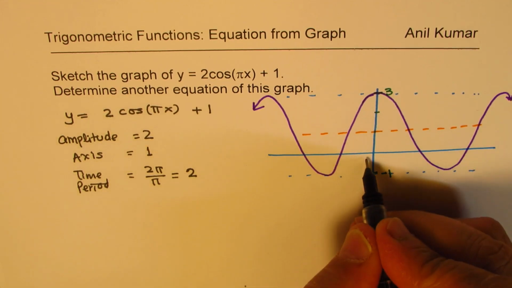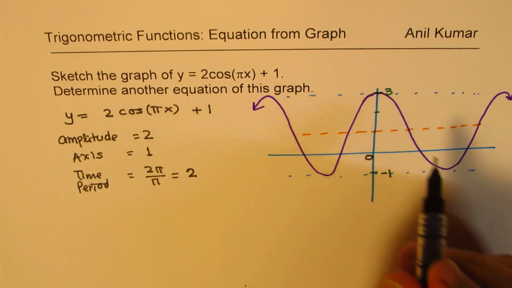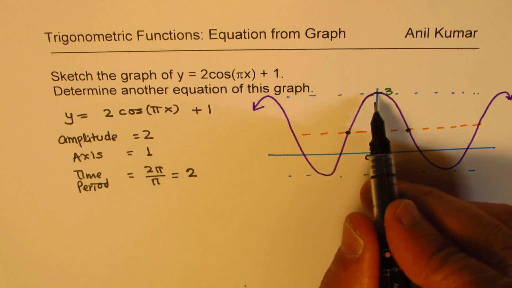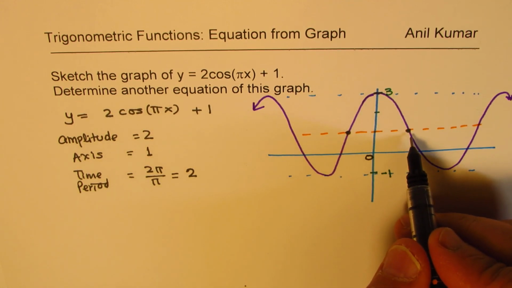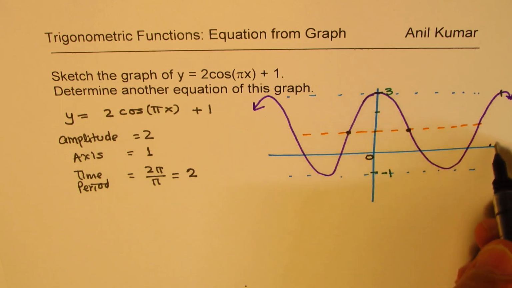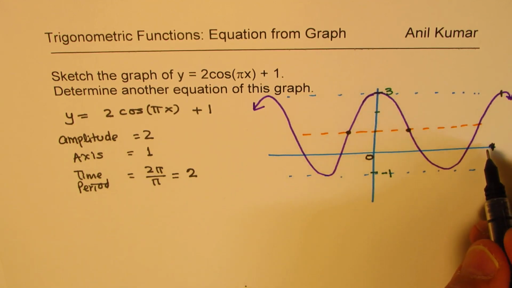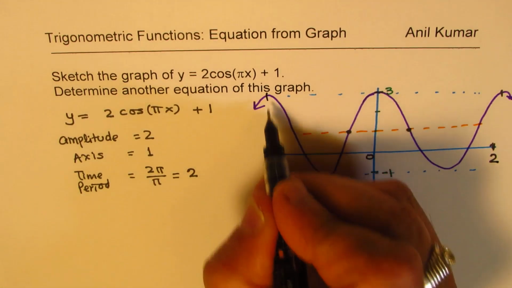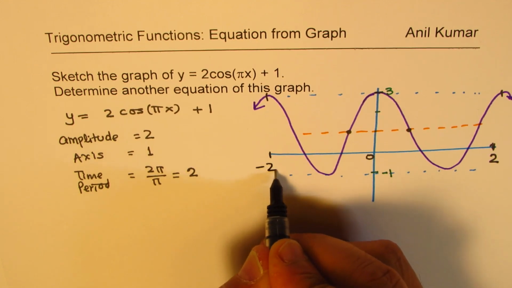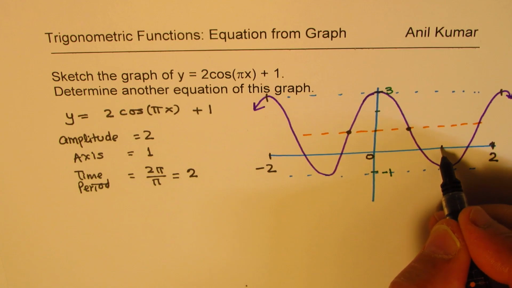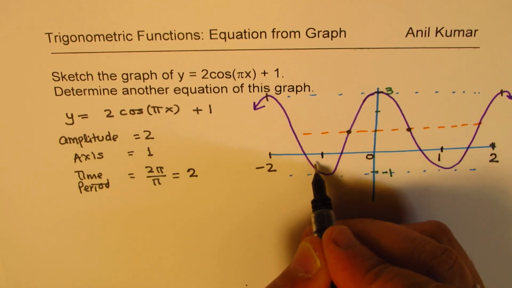Right? So at 0, we are going to have a maximum value of 3. Right? It is going to cross the axis at quarter of the time period, and one time period, one cycle, will be completed in how much time? 2, right? So this is 2 for you. And so this will be -2 for you, right? Half of the cycle will be completed in 1. So that is -1.